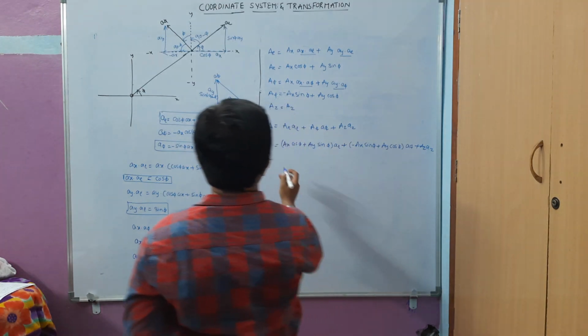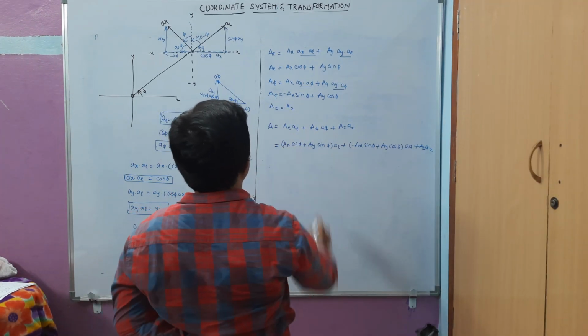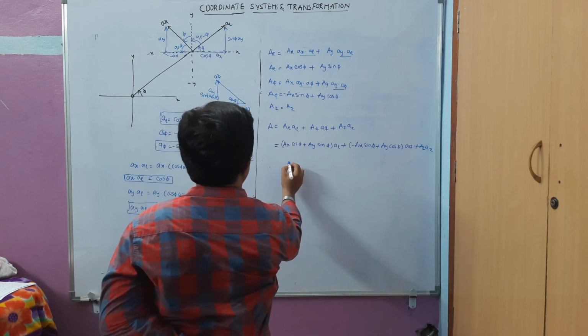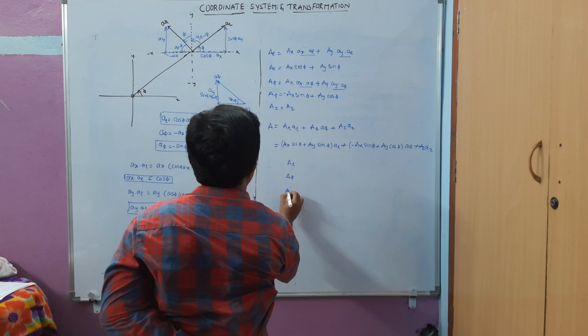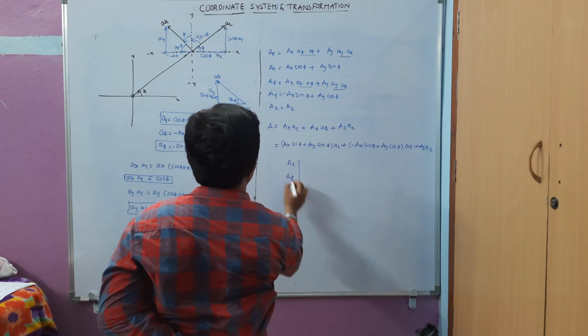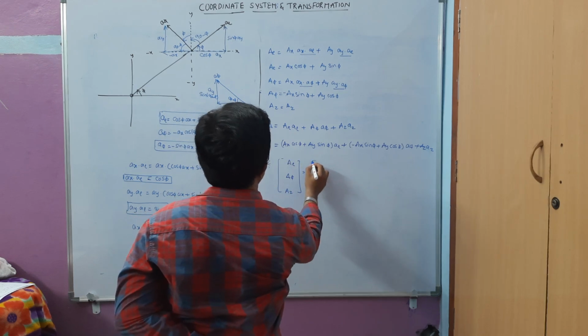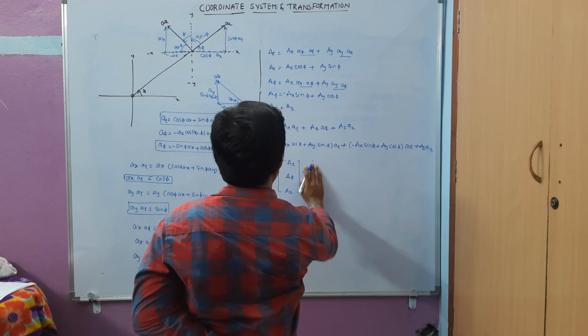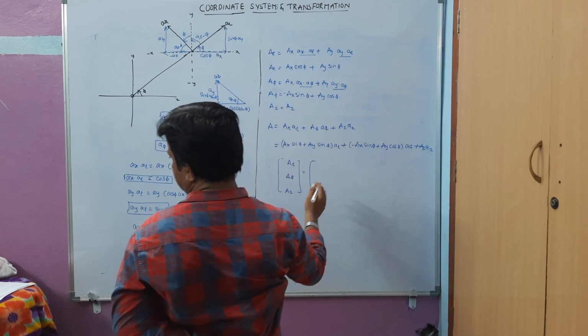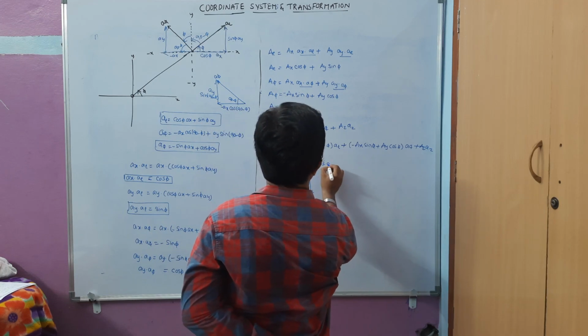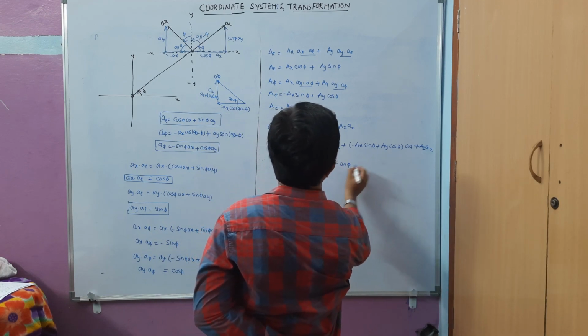Now we can represent this a_rho, a_phi, az in terms of a matrix. Okay, so now let us write these components in terms of matrix, that is a_rho, a_phi and az in terms of matrix like this. So what are the terms we have here? You can see cos phi, sin phi, and z term is 0 here.